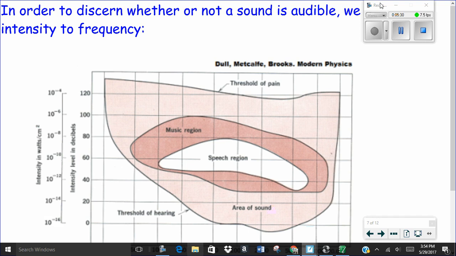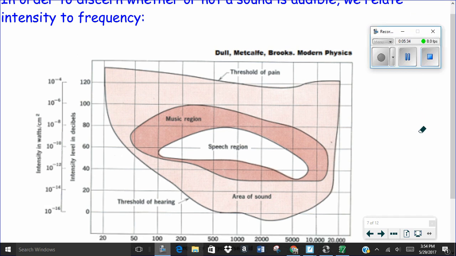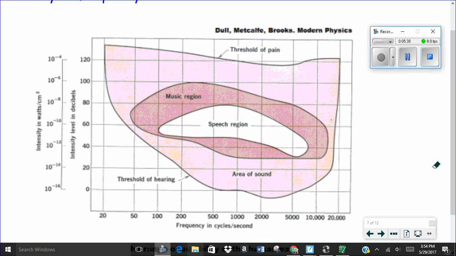Here is a chart to look at in order to compare frequency to intensity or loudness. So on the x-axis, we've got frequency of a sound. On the y-axis, we have intensity level in decibels, meaning how we perceive the loudness of a sound.